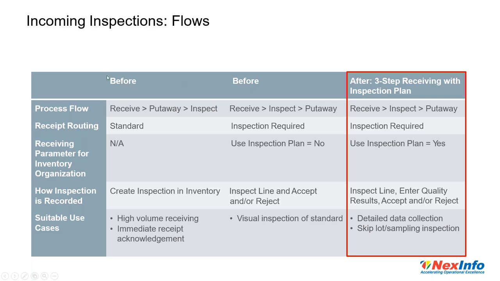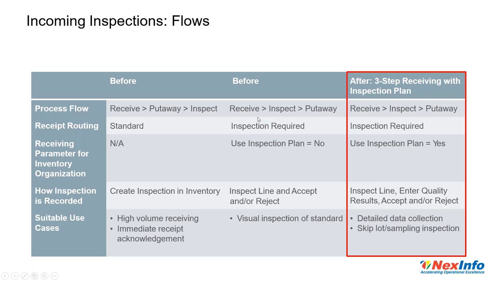So before, and this is after. Before implementing the Quality Management Cloud, they were still doing the receiving, put away and inspection processes, but they were all manual. They would create an inspection when the receipt was there in the inventory, and some of the high volume receiving and some of the receipts which required immediate acknowledgement were candidates for this kind of flow.